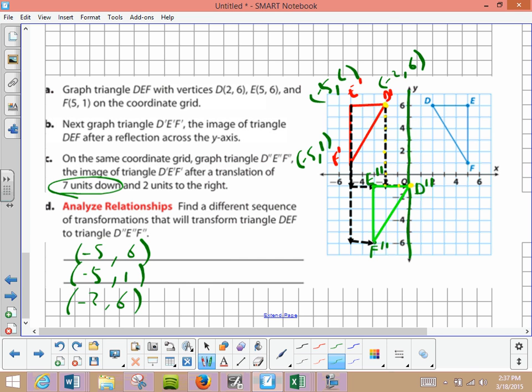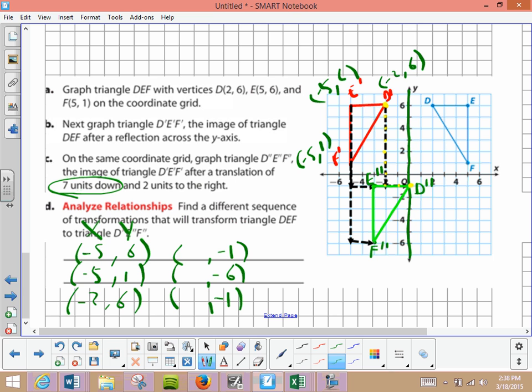Where are my y values? Right here, right? So 6 minus 7, what do you get? -1. 1 minus 7? -6. 6 minus 7, the same thing, -1.